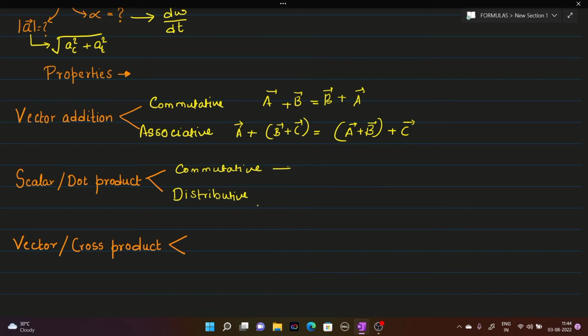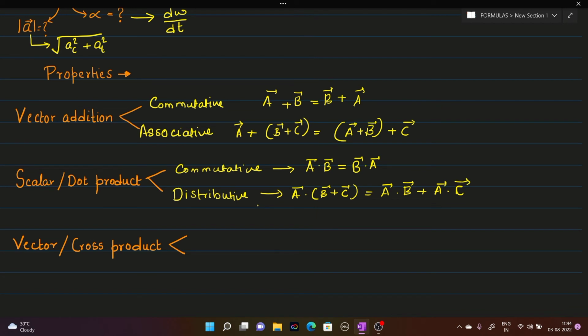In the commutative law, vector A dot product vector B will be equivalent to vector B dot product vector A. Next is the distributive law, which is nothing but vector A dot product (vector B plus C) can be expanded as vector A dot product vector B plus vector A dot product vector C.